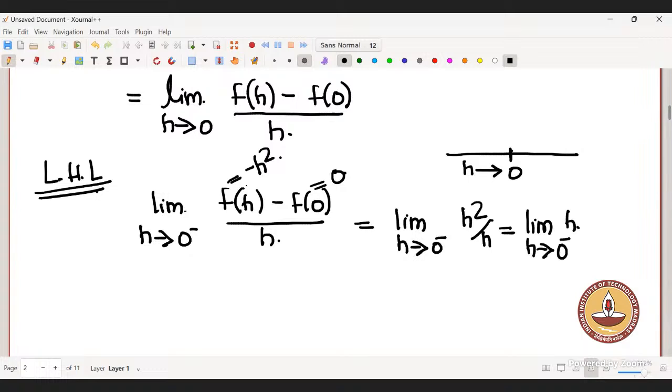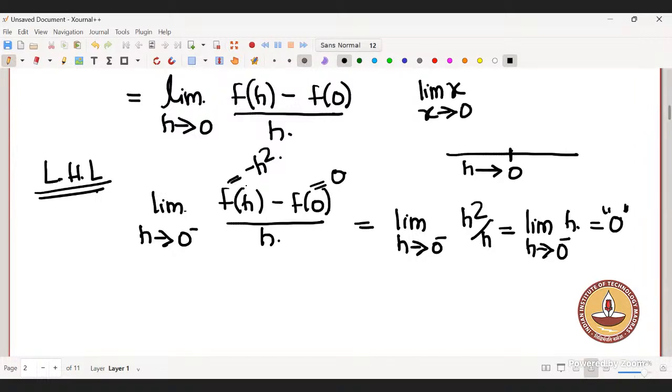Now what is this limit? It is the limit of h, where h is going towards 0 from the negative side. This should be 0. What is the limit of x as x tends to 0?